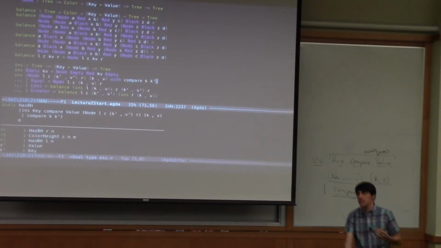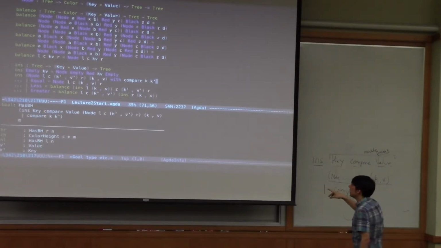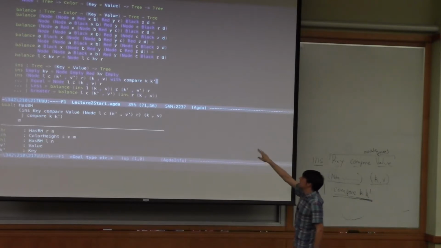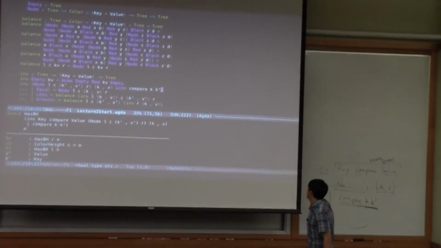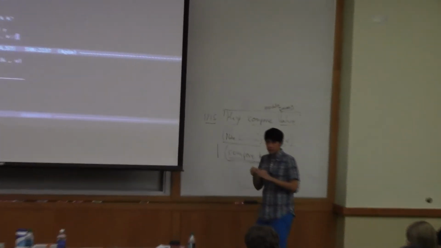And the bar is Agda's notation for separating the actual arguments to the function from the ones that are determined by the with. Okay? So what's going on here is that you can think of it as I've called ins with this extra column of my pattern match for compare k k prime.